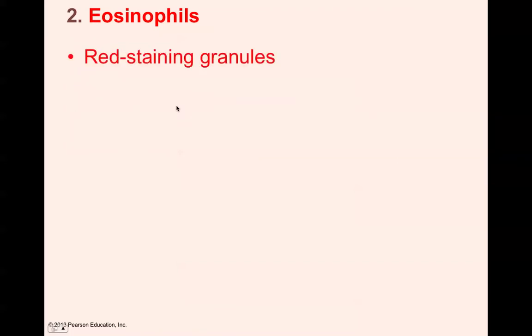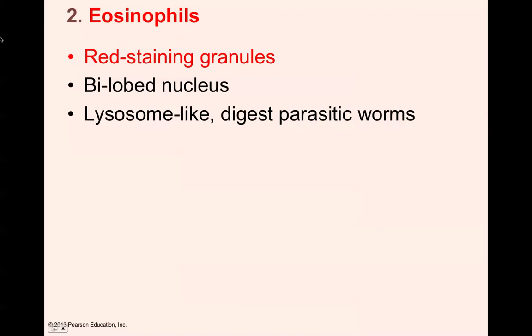The next type of granulocyte would be your eosinophils. Eosin is a red stain, and so these have little granules in the cytoplasm that stain a really reddish color. These have a bilobed nucleus. They are actually lysosome-like, and they will digest parasitic worms.